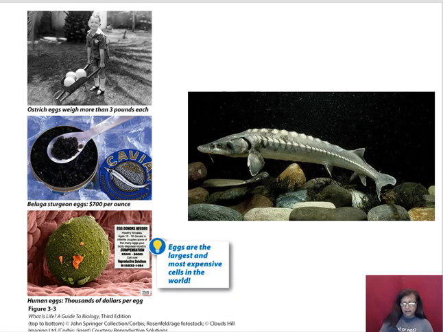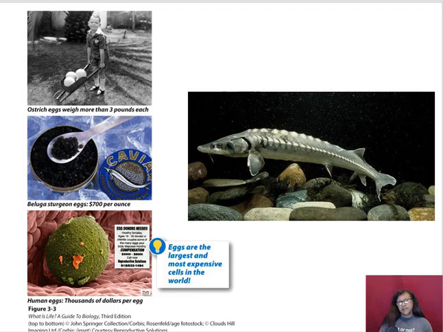So when we look here at an egg, which is a cell, it doesn't have to be really small, right? We can see this ostrich egg, which weighs more than 3 pounds each. That's a huge cell. All the way down to this beluga sturgeon caviar. These are fish eggs, and they can sell for more than $700 an ounce. And this is what a sturgeon looks like that makes these caviar eggs.